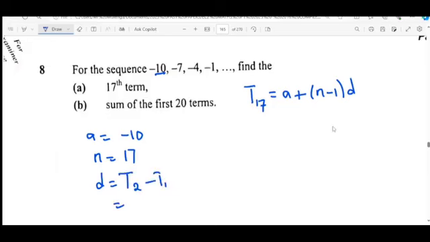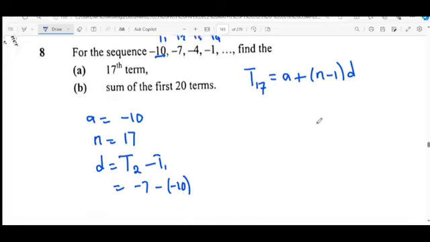This is term 1 and this is term 2, and we also have term 3 and term 4. In this case, our term 2 is -7 minus our term 1, which is -10. You put it in brackets because of the negative.